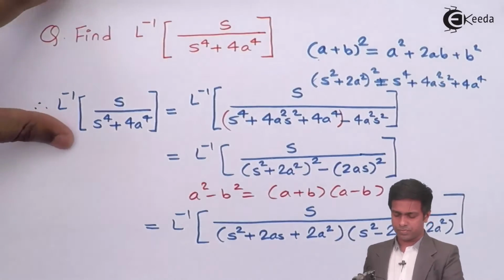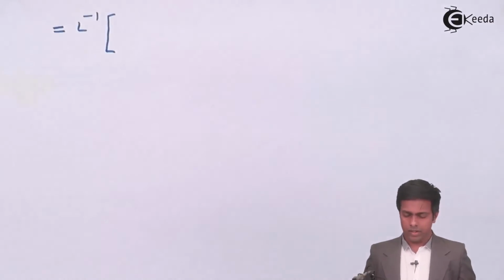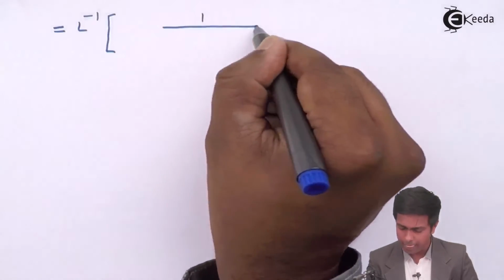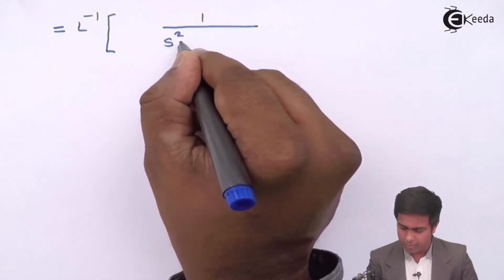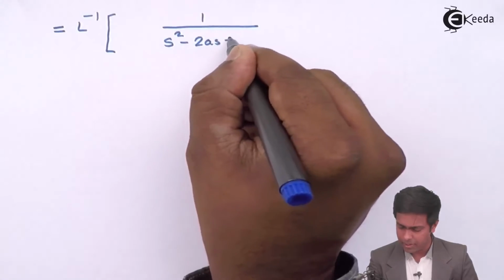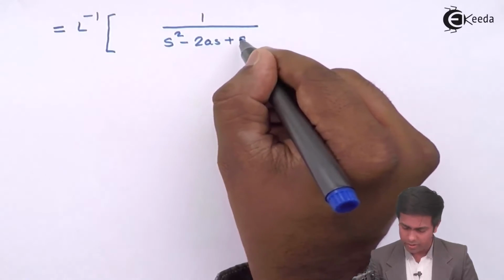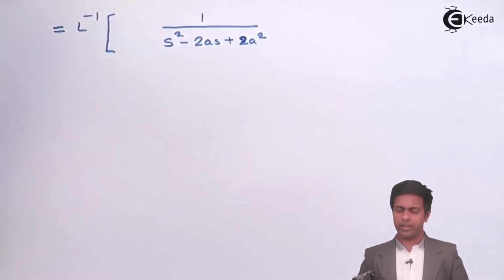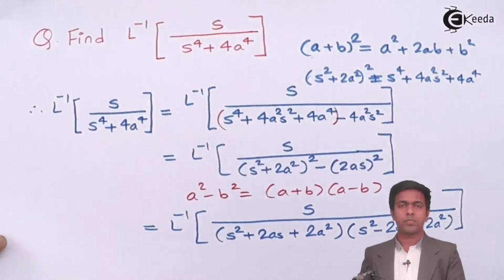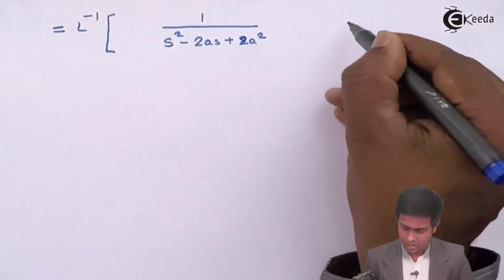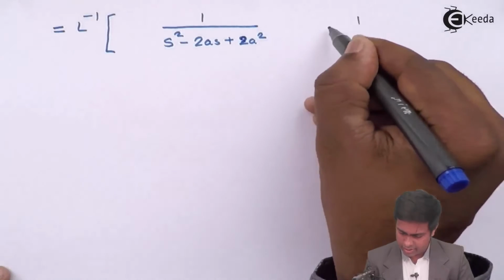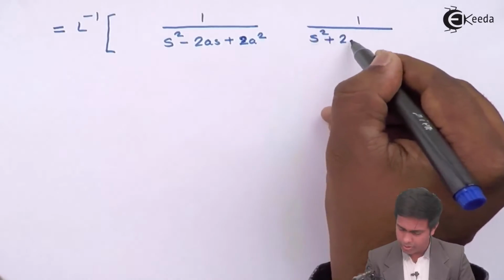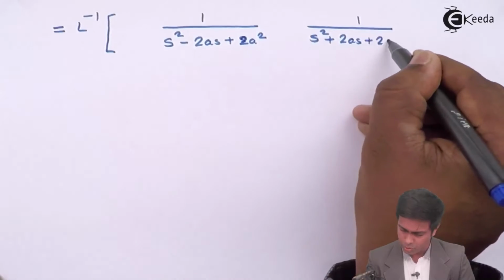So here we'll say, let's say first term is 1 upon s square minus 2as plus 2a square. So what I did here is I have taken the second term and let's say this second term is 1 upon s square plus 2as plus 2a square.